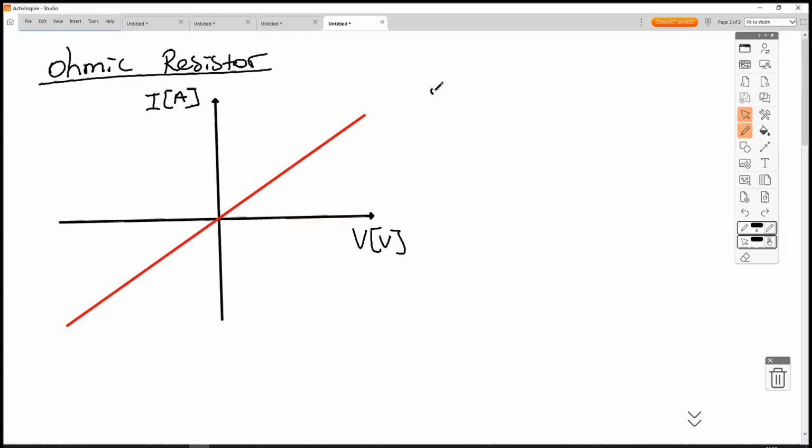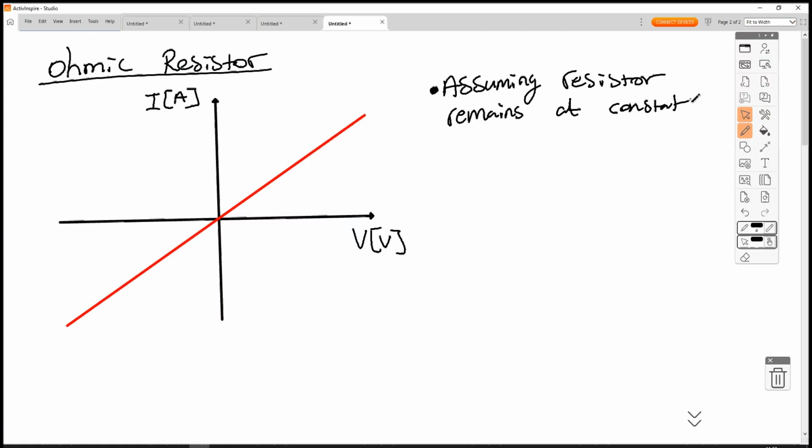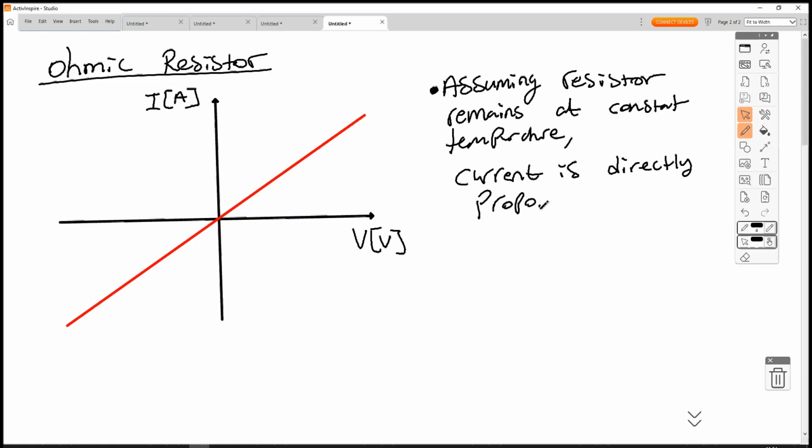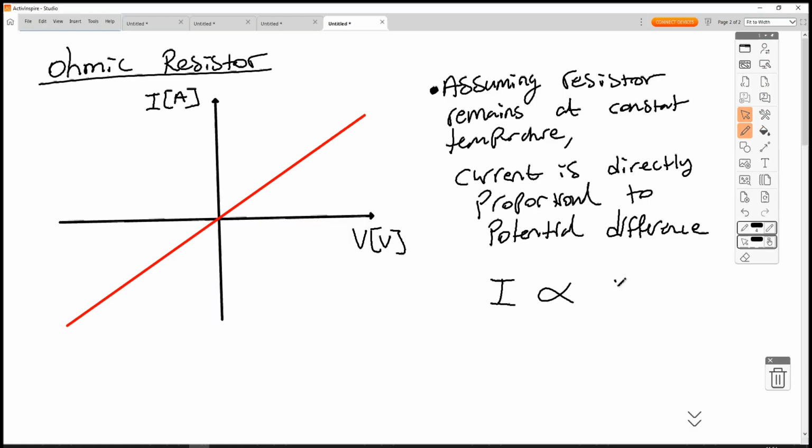The explanation here is, assuming that the ohmic resistor remains at constant temperature, current is directly proportional to voltage. So we say that I is directly proportional to V.